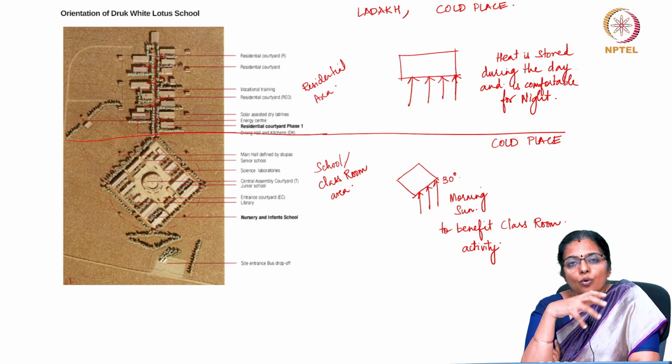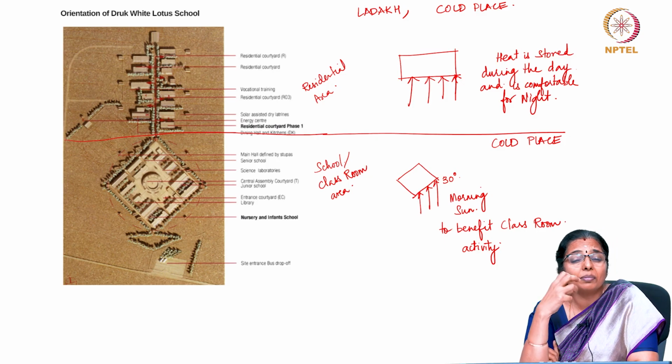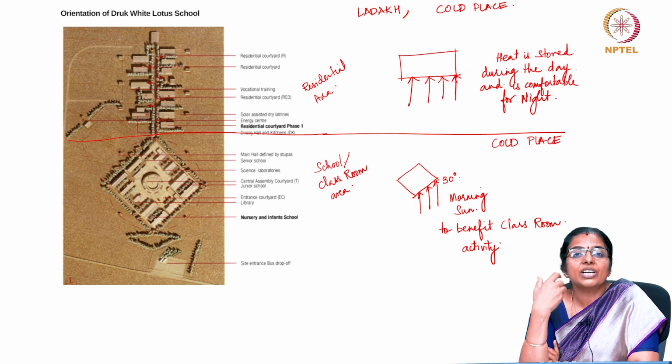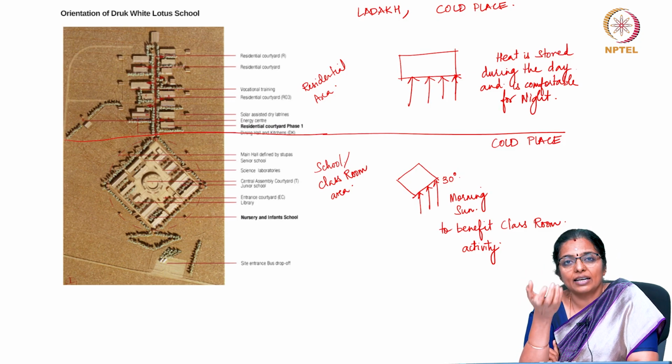When it comes to cold climates, you have to be very careful to tap the heat from the solar radiation and have a building envelope which will store that heat, which can be released at night.